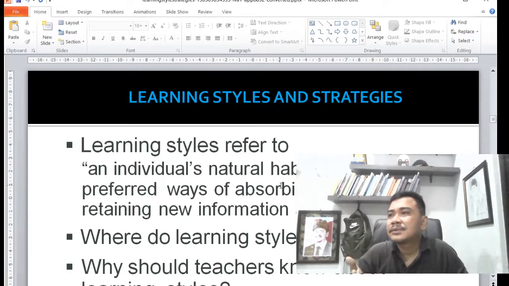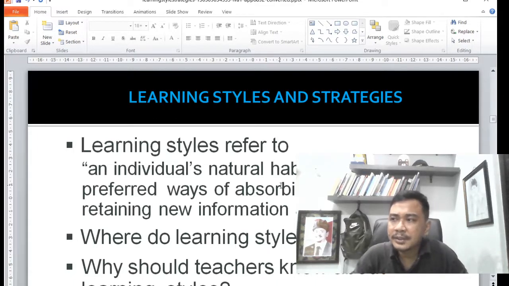Like, for instance, a simple thing like the way you dress yourself. Maybe it is a habit for you to start from the lower part of your body or the upper part, but it's a habit. Sometimes you don't realize it, but it happens regularly because you do it as your habit.